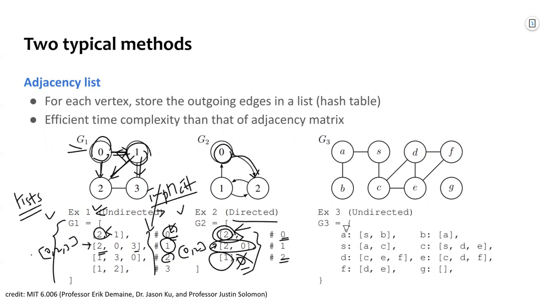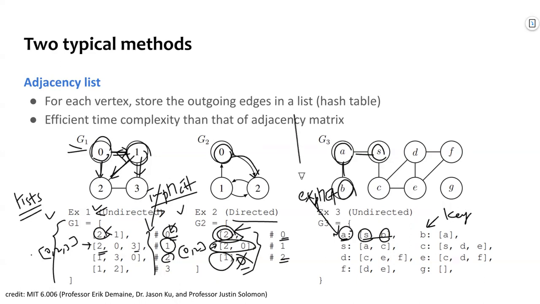So we are making the node and the edges connected explicit using dictionaries like this. So node A is connected to node S and B like this. And we write down the name of vertex as key.